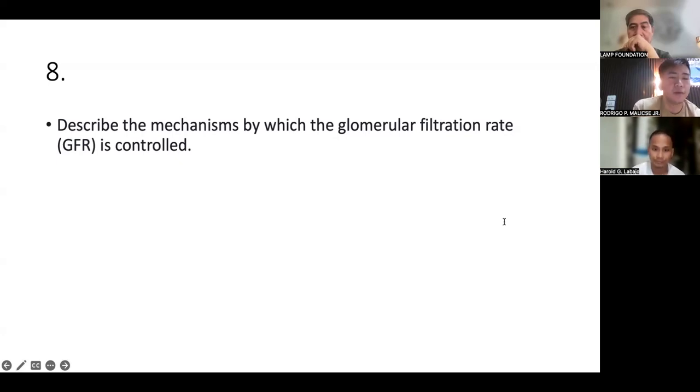Number two, increase adrenal cortex activity, then the aldosterone increases sodium and water retention, increase the BP and increase the GFR. Number three is increase the thirst center in the hypothalamus, then increase the fluid intake, then increase the blood volume and BP, increase the NFP, then increase the GFR.